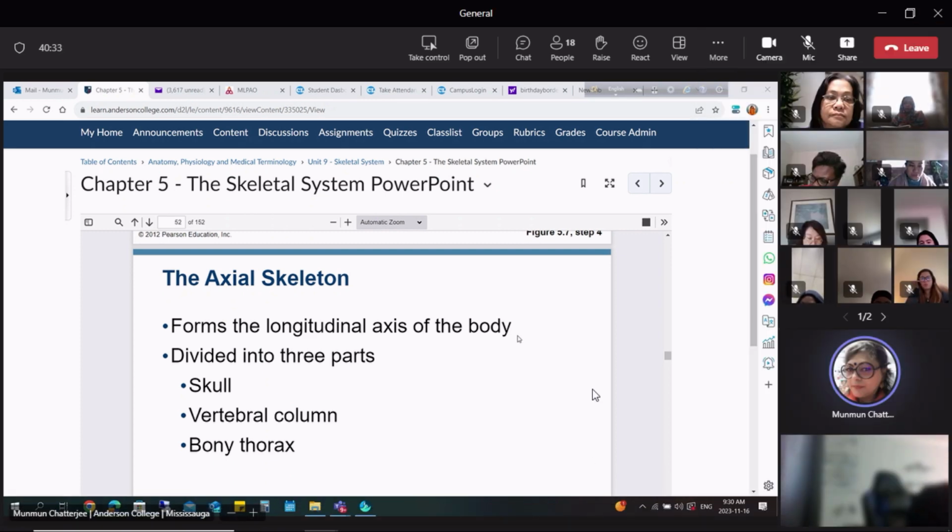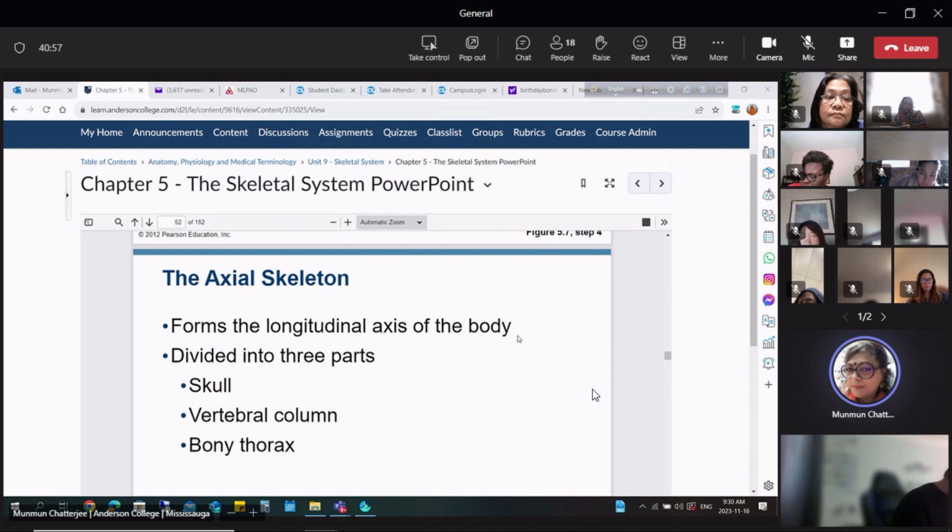As we already told, the axial skeleton is from head to toe, except the appendages or the hands. So it's called the longitudinal axis of the body, lengthwise, and it has been divided in three parts.